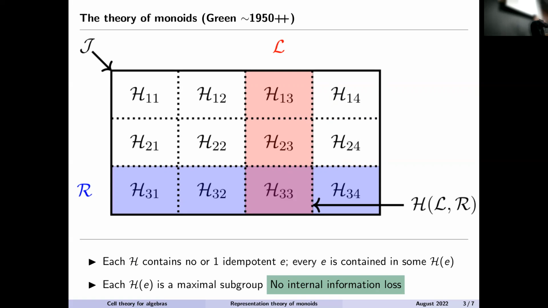Okay. So every idempotent sits somewhere, and as soon as it sits somewhere, you have a subgroup, a maximal subgroup of the monoid. I like to think of them as blocks of equivalent information. They just go around in the little H, because it's a maximal subgroup.